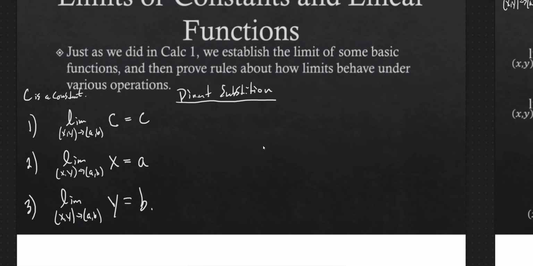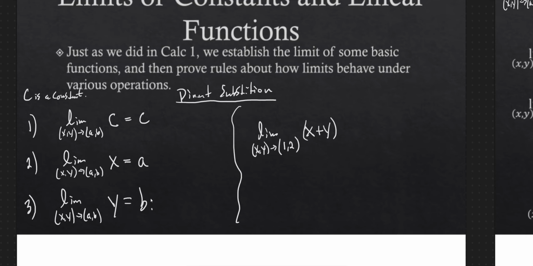So if I want to do the limit as (x, y) approaches (1, 2) of, say, x plus y. It's not one of the ones we proved, but it's the sum of the function x and the function y. So this would go to a, which is 1.